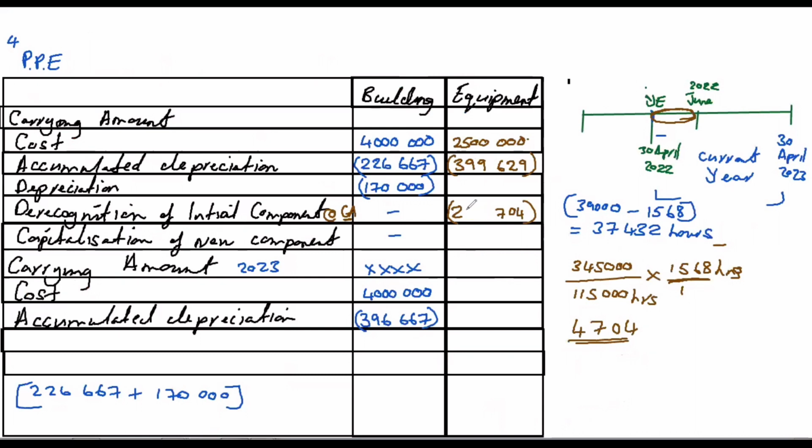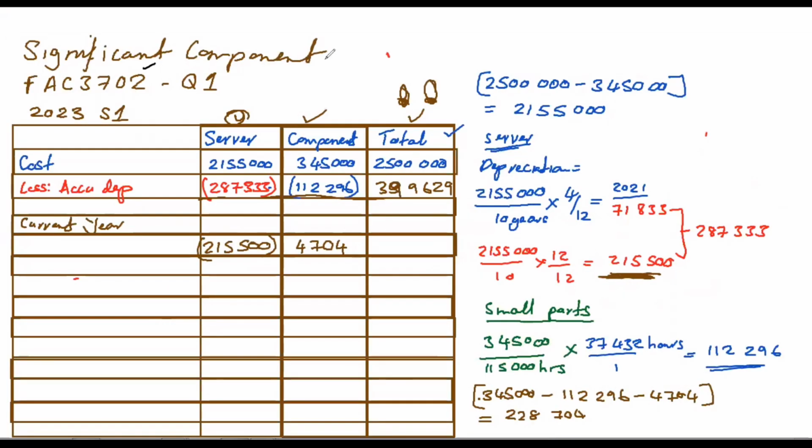Yes, sir. No, there's no 704. It's 228,000. In my calculation, 228,000. Okay.